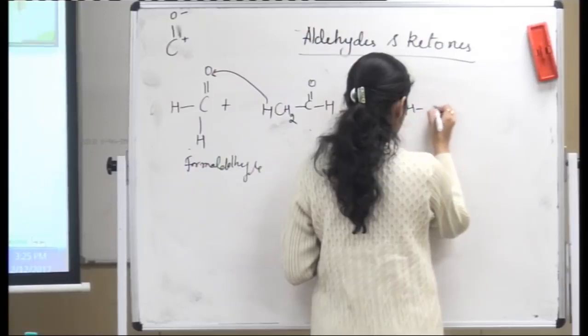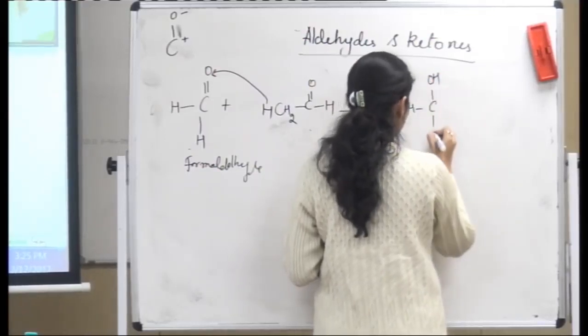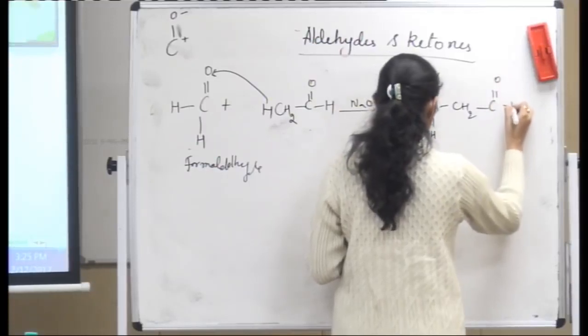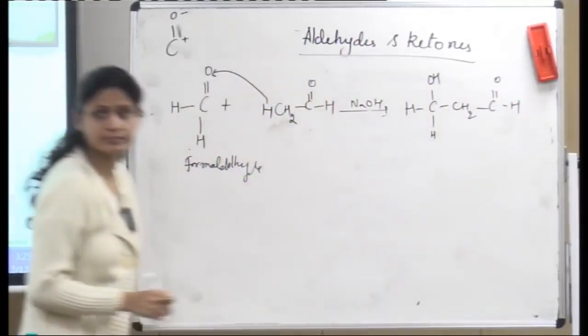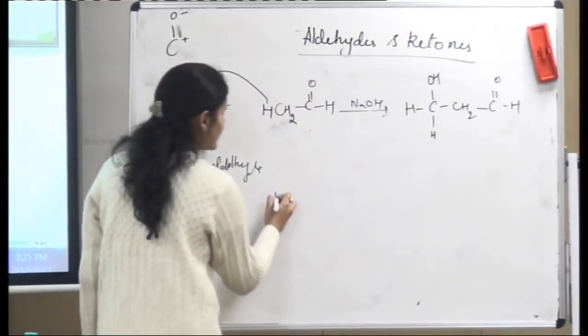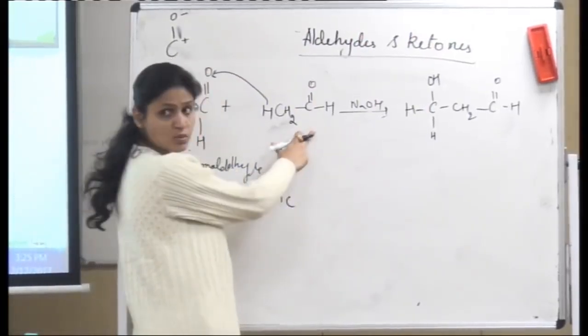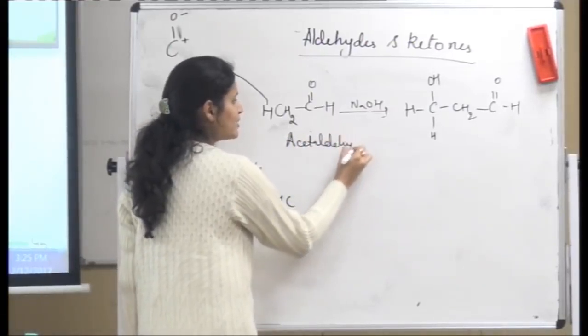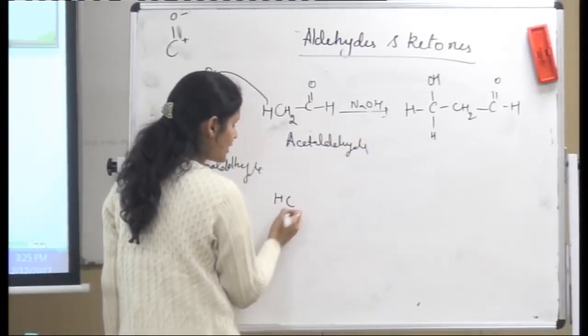It should be HCOH, then CH2CHO, right? Similarly, I can write this reaction for, this was what? This was acetaldehyde. Similarly, I can write this reaction for acetone as well.